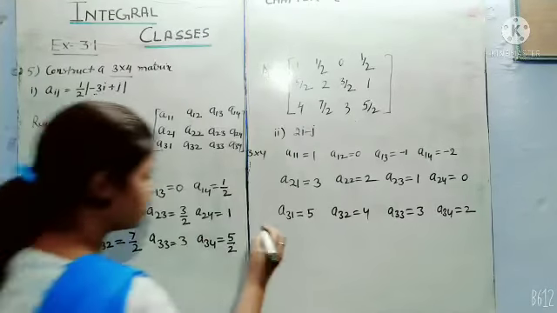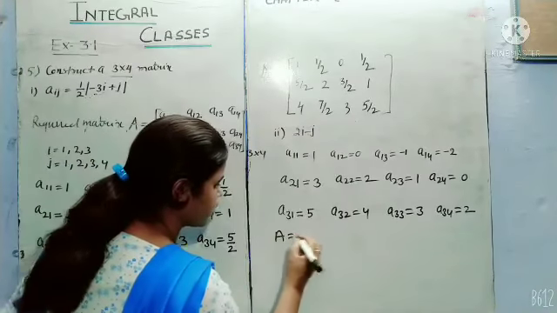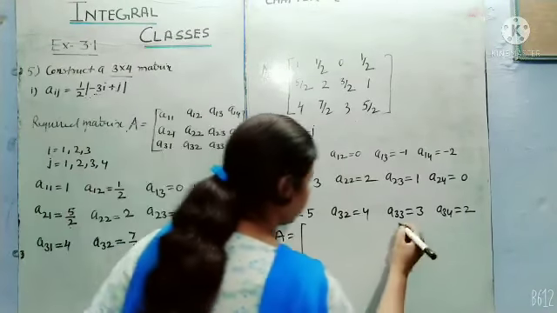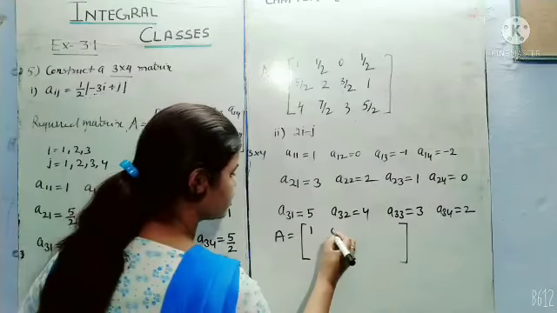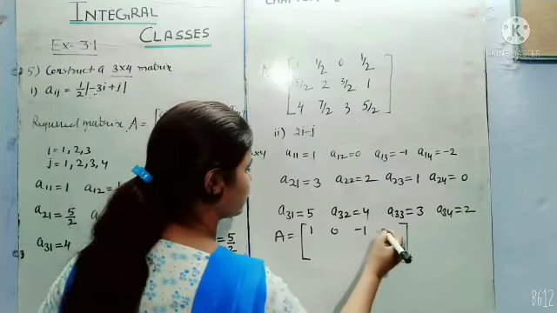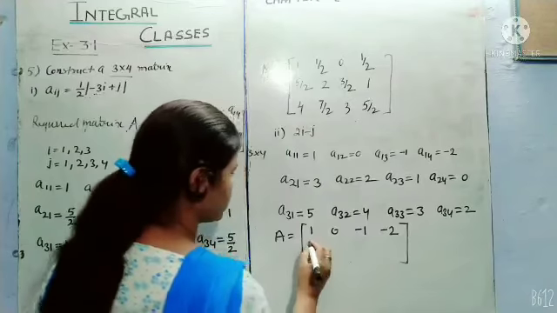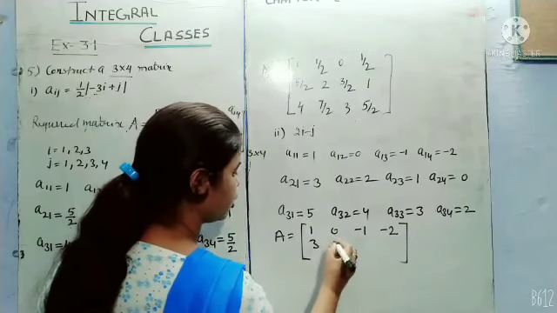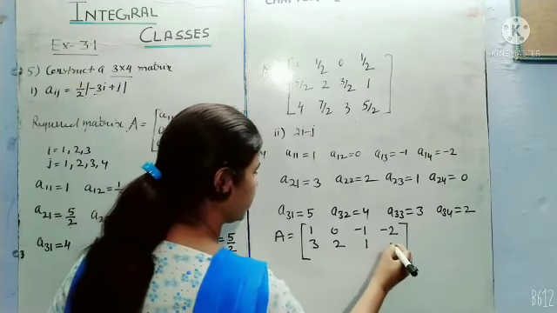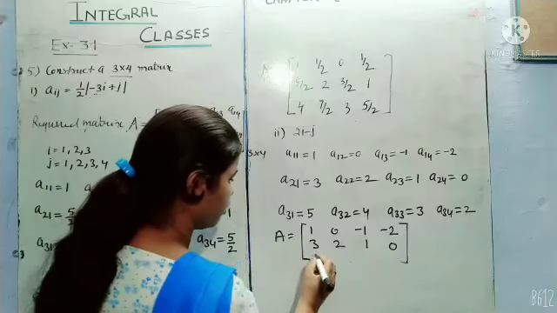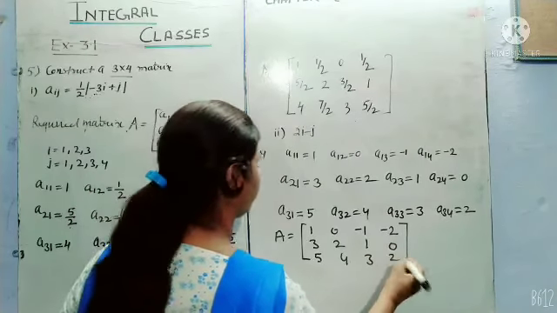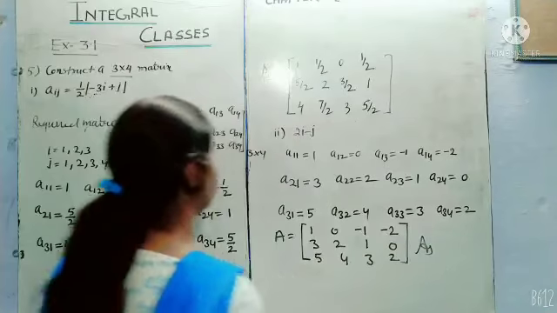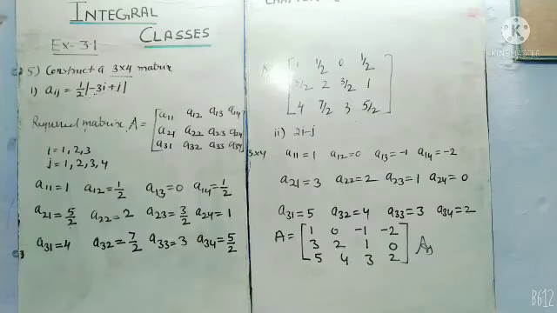So the required matrix B here: first row 1, 0, minus 1, minus 2. Second row 3, 2, 1, 0. Third row 5, 4, 3, 2. So it is the solution of the second part of question number 5.